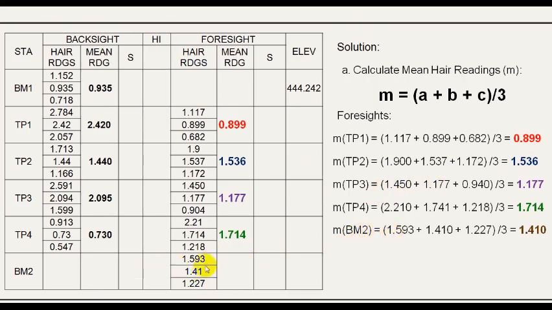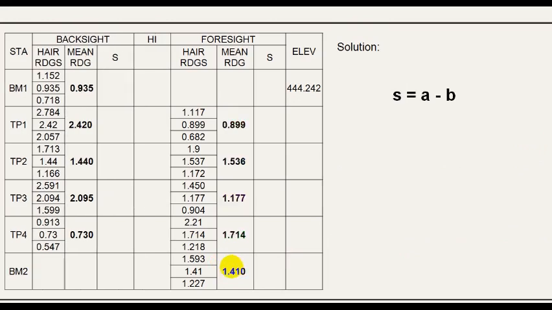Now 1.593 plus 1.410 plus 1.227 divided by 3, it gives 1.410.